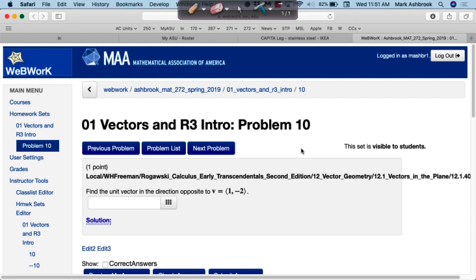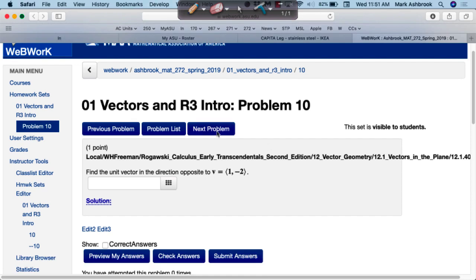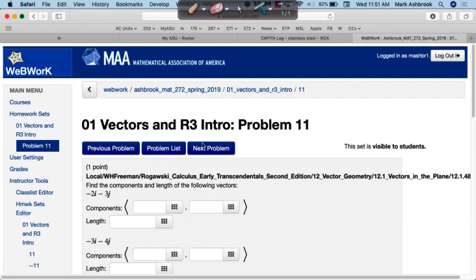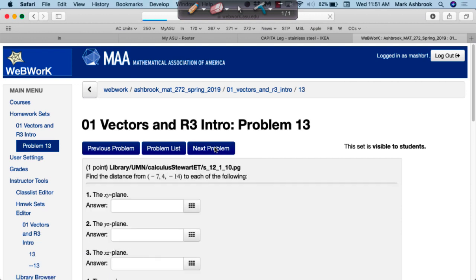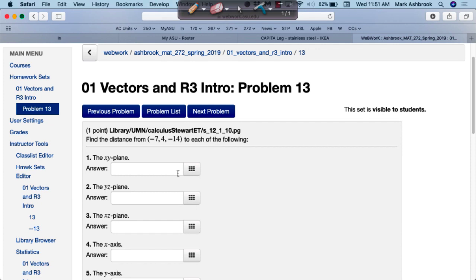So let's just quickly cover WebWork, and most of you have figured it out, but I want to give you a few tips. A really important thing about WebWork is that when you put your answers in, WebWork can be your calculator for you.